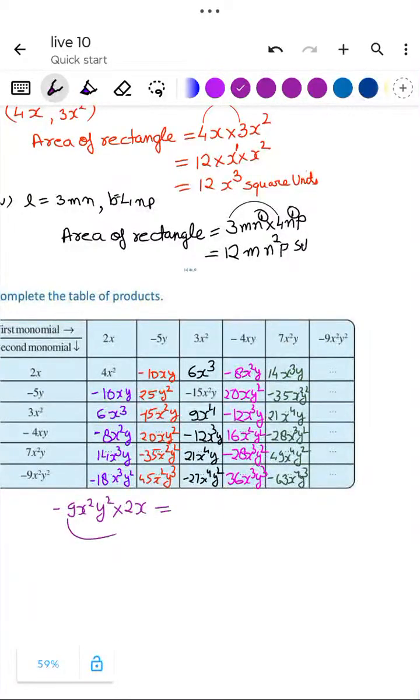So 9 twos are 18, and this is the negative sign of 9, so it is minus 18. x to the power 2 plus 1 is 3, y square. So this is negative 18x cube y square.